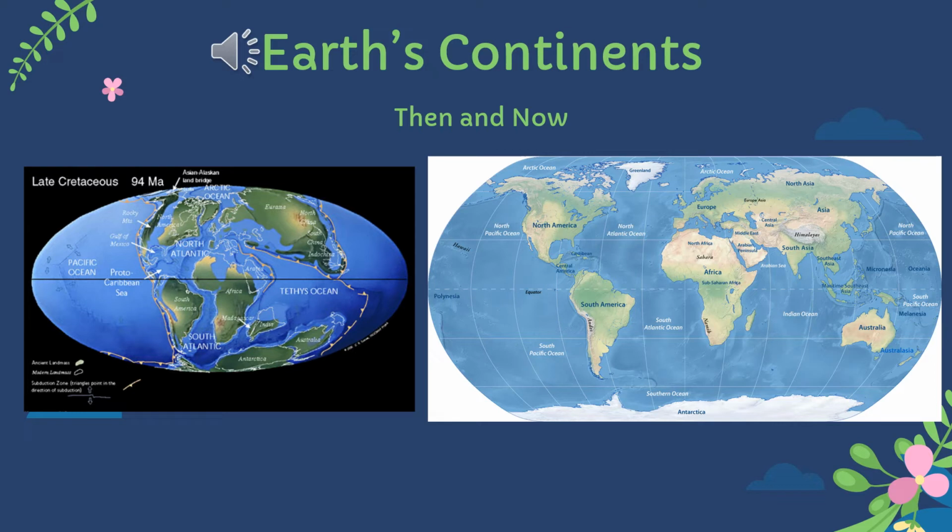So you can see that Antarctica and Australia are still near each other and starting to break off, and India is not yet near Asia. And then on the right side of the slide, you can see that Antarctica and Australia have broken off, and India is connected to Asia, and that is how Earth looks today.